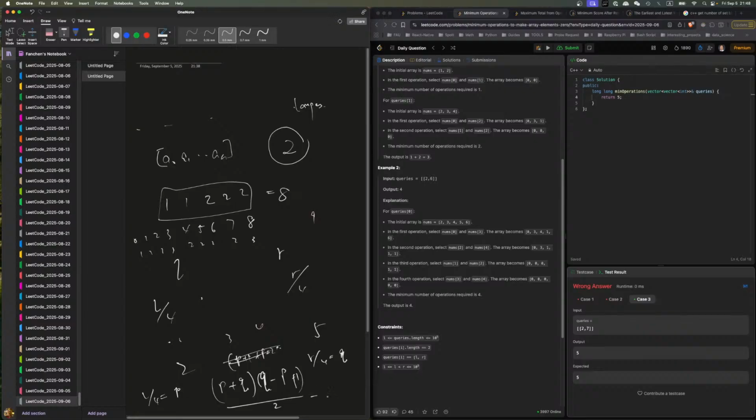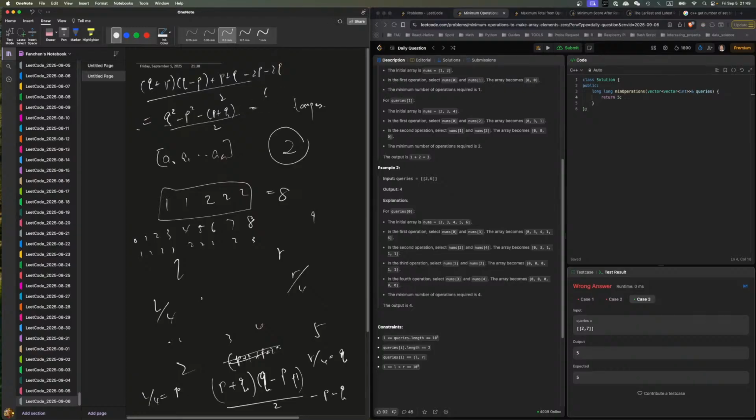And the whole thing minus P minus Q. This is the things in between, right? So this is essentially Q plus P times Q minus P plus Q, minus 2P minus 2Q. So this is Q squared minus P squared minus P plus Q.